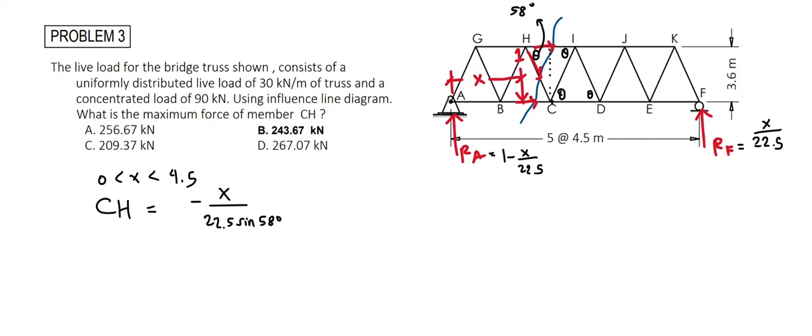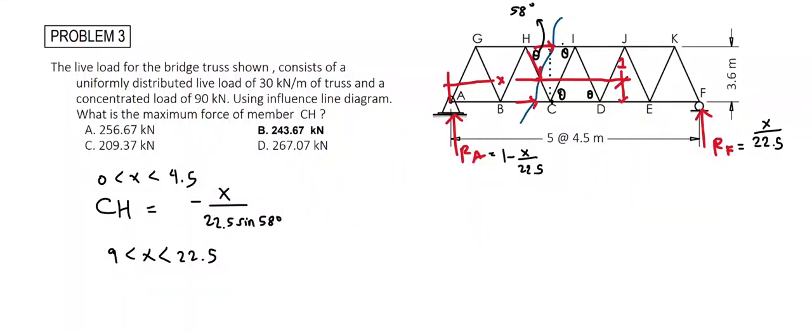Next, we begin solving for force member CH where the load crosses beyond point C. So let's place the 1 unit load beyond point C. That is a distance from A to the 1 unit load, let's call this X. We now consider the interval where X is between 9 meters, that is at point C, and point F, where X equals 22.5 meters.